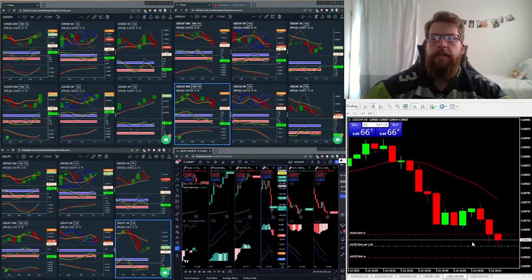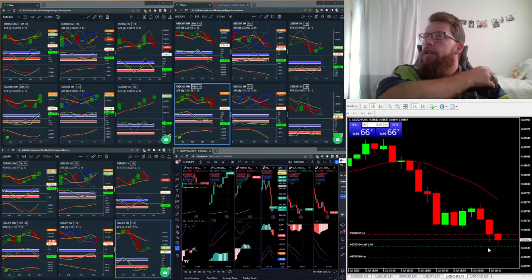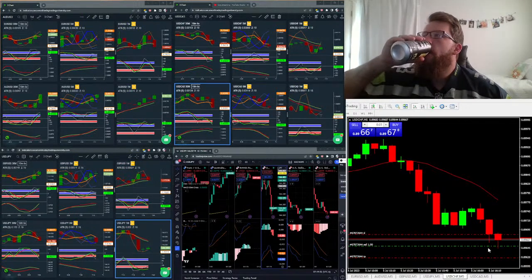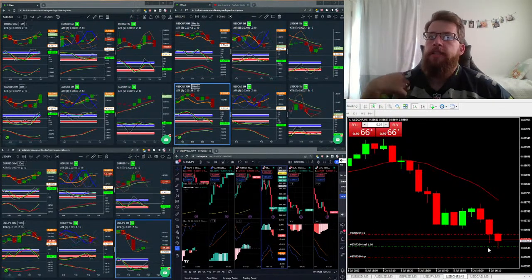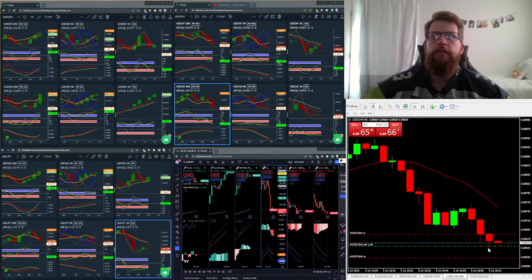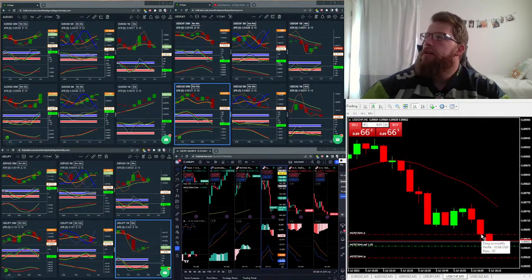The trade looks like it's halfway between our stop and our entry, so it's not going in the direction we'd like it to quite yet. Still got some room to play though. 5-minute bar just closed. Still looks like a pretty good bearish candle. I'm still looking for a little pullback on the CAD here.